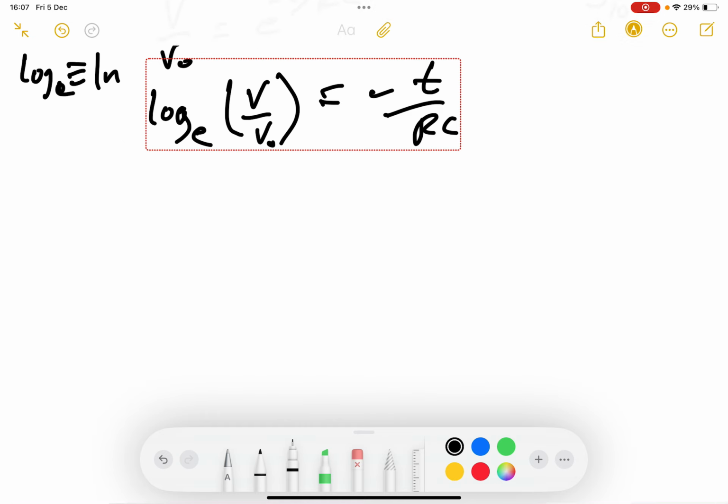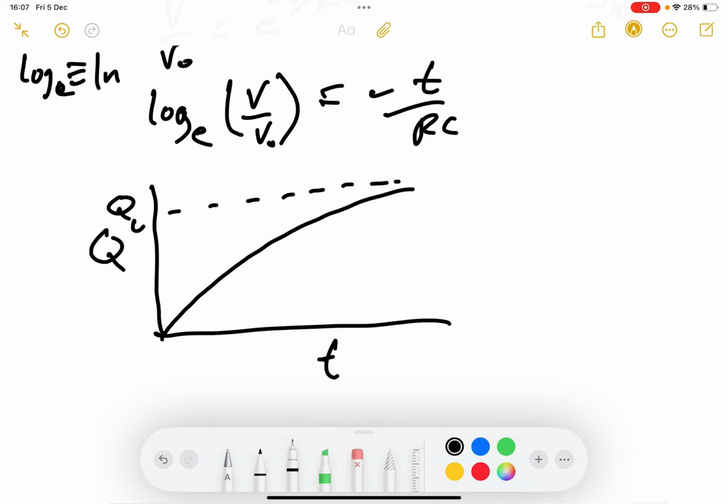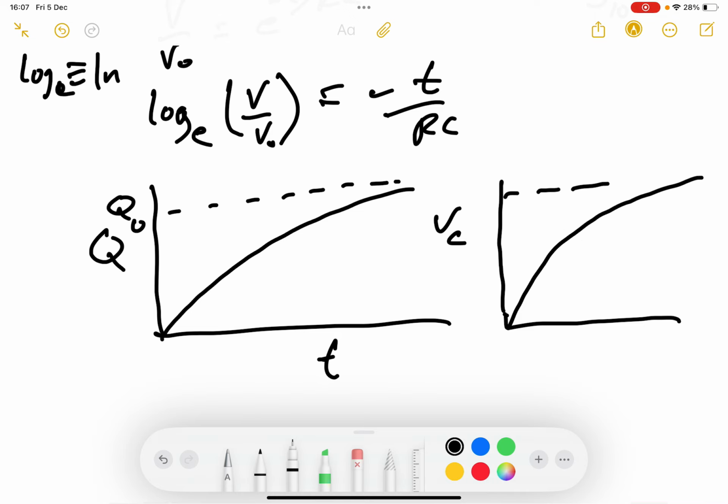And then we've got our charging experiment. Q against time rises exponentially like that, and Q naught, rather confusingly, is the final charge. And this is for the capacitor, so the voltage across the capacitor when you're charging it similarly rises against time.